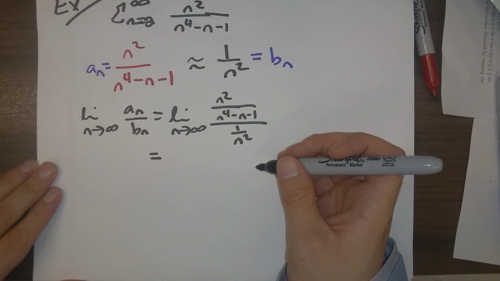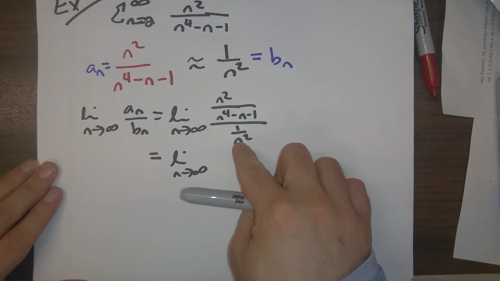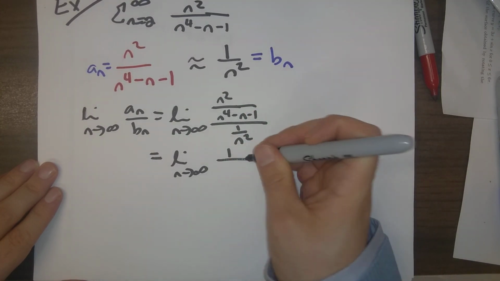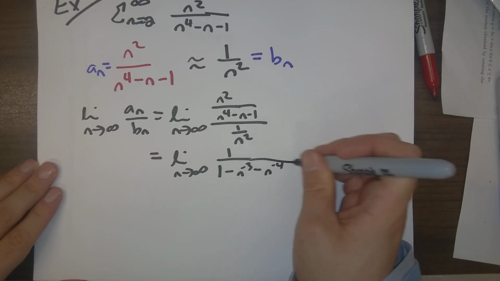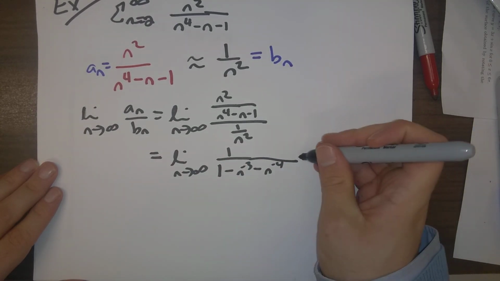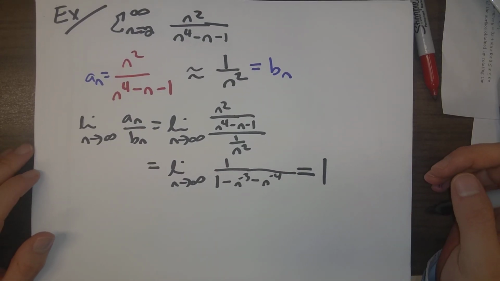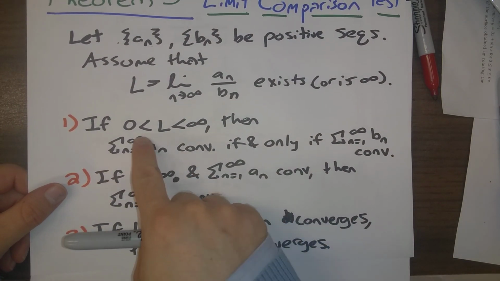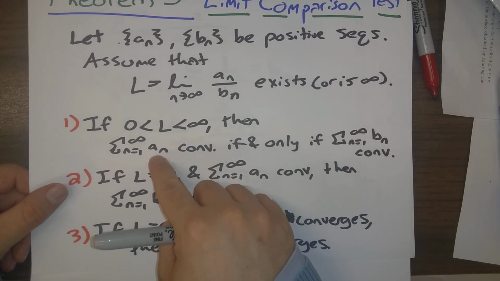After we move that 1 over n squared all the way up to the top and divide top and bottom by n to the 4th, we get 1 over 1 minus n to the minus 3 minus n to the minus 4. Those go to 0, and we're just left with 1 here. So the limit, this is our L. And so L is 1, so L is between 0 and infinity. So this tells us that the series for a_n and the series for b_n have the same behavior.